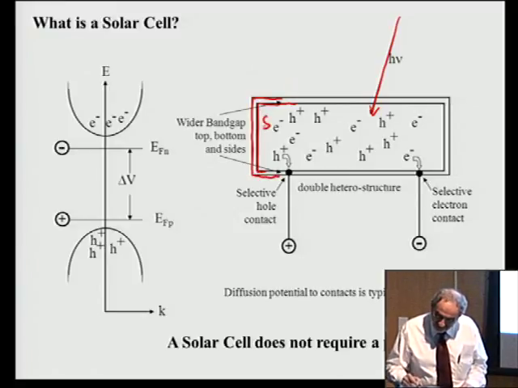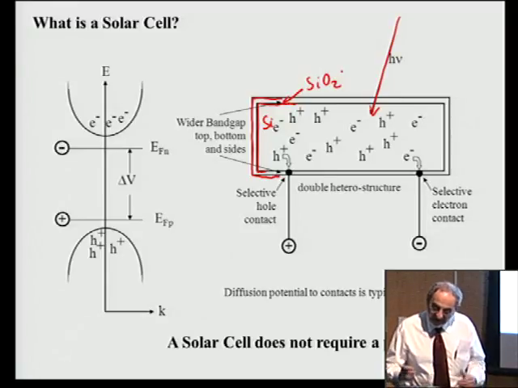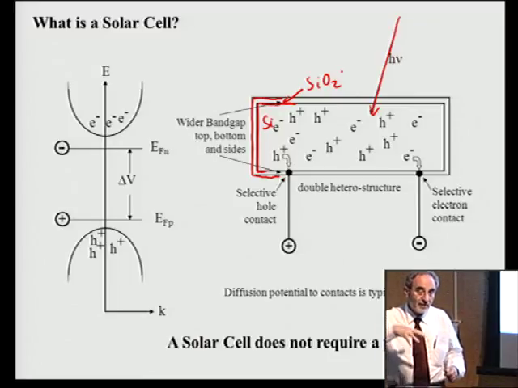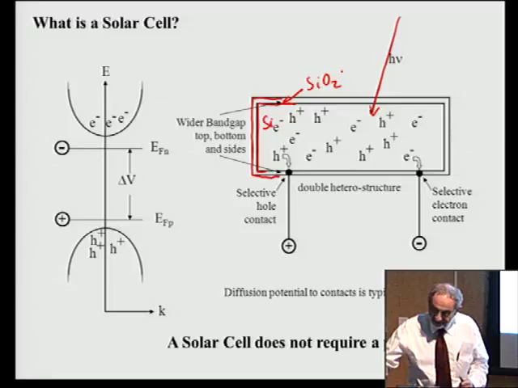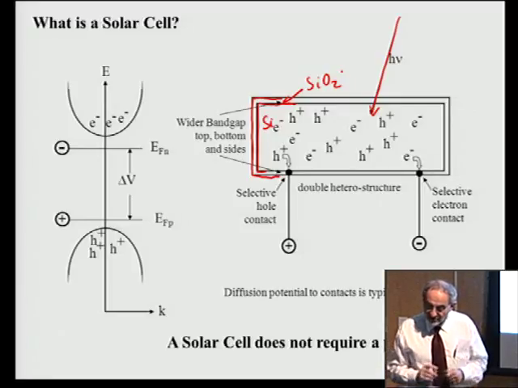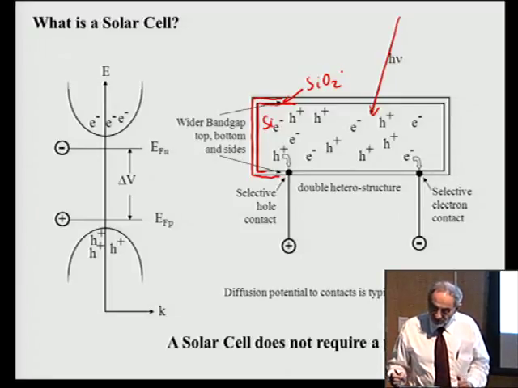Now, if this is silicon, then the normal wider bandgap material that you would use is silicon dioxide. And silicon dioxide has remarkable properties. It coats the silicon and almost perfectly eliminates all the dangling bonds. So now I have the container I wanted for the electrons and holes.